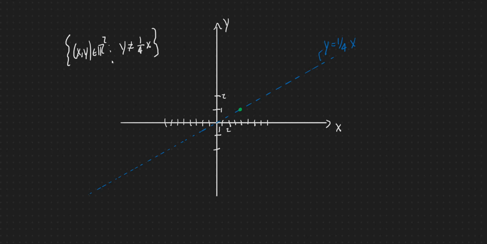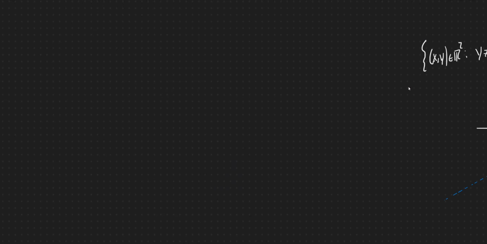No, sorry. This one does consist entirely of interior points. So this one is an open set. But if I also put an extra condition on this, let me jump over here for a second.